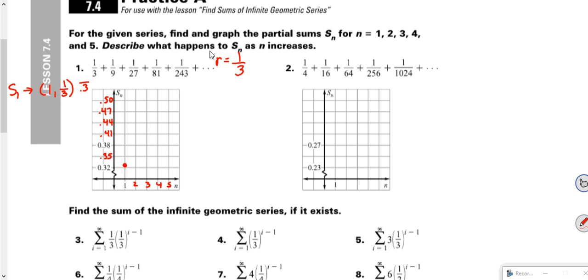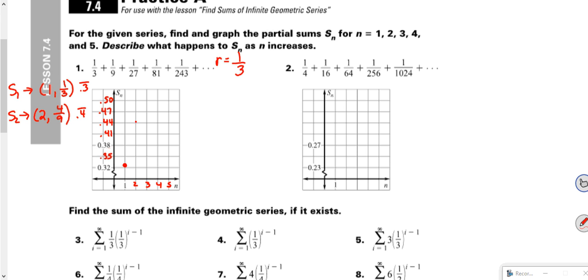0.32. So S sub 2, my ordered pair, would be 2, 4/9, and 4/9 is 0.4 repeating.